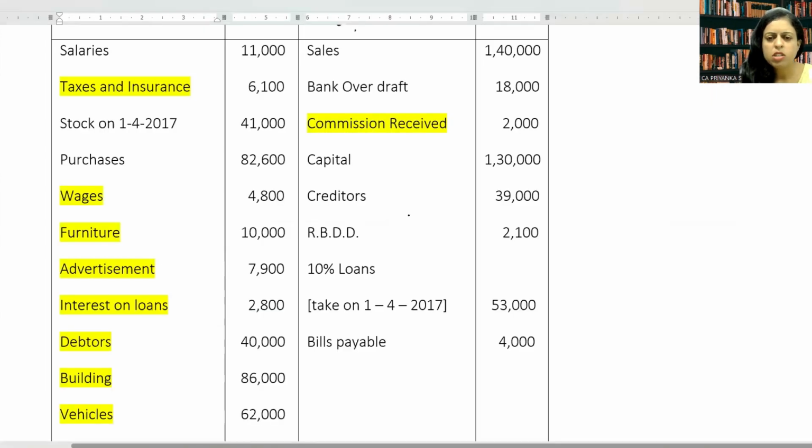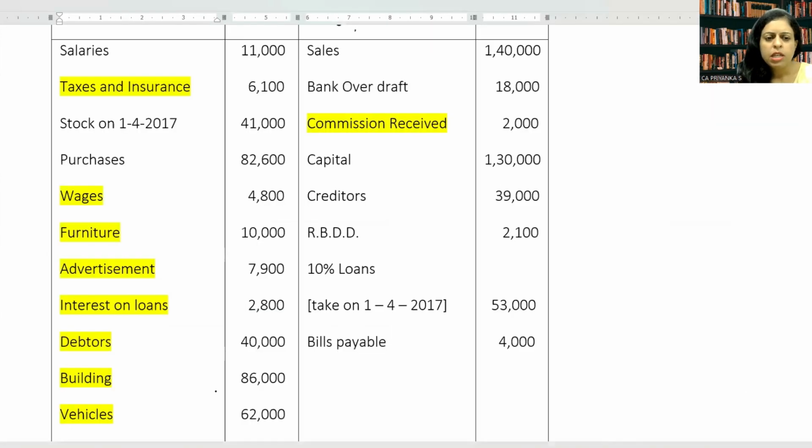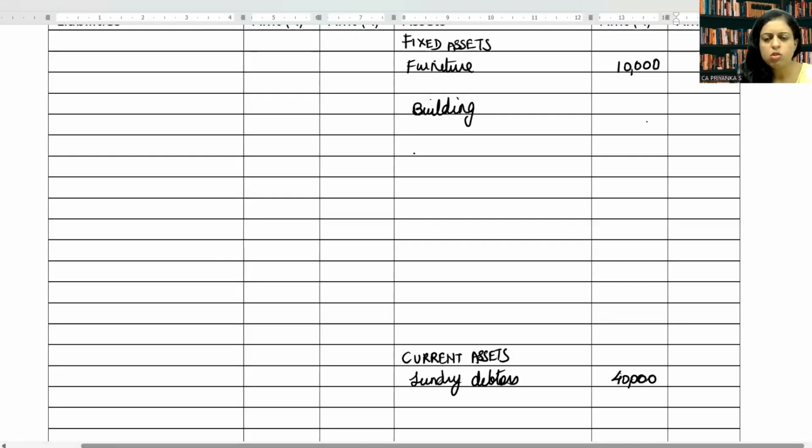Building has an adjustment, so 86,000 in the inner column. Next is vehicles, also inner column, 62,000. Vehicles is also an asset. Vehicles is 62,000. Fine. This is also in the inner column.